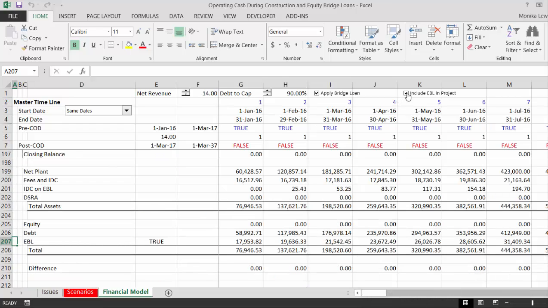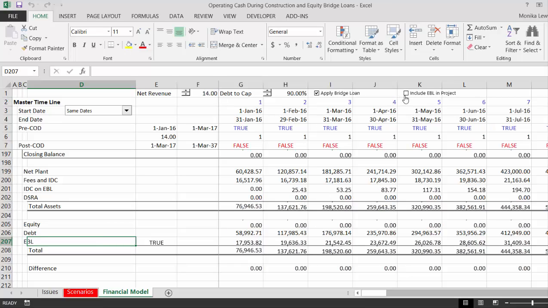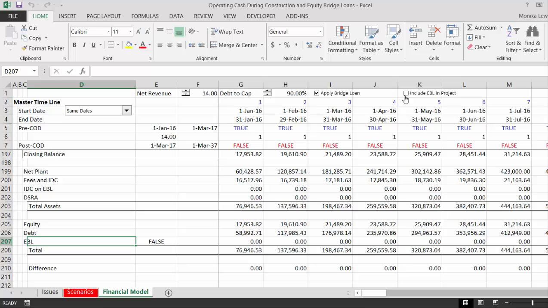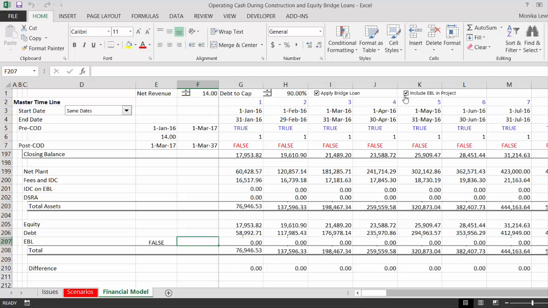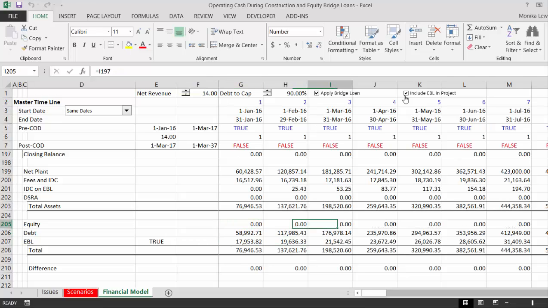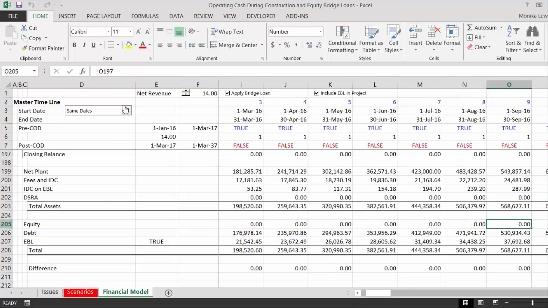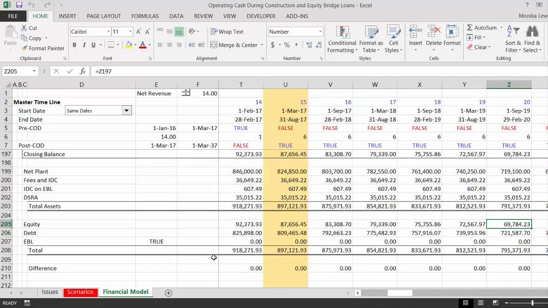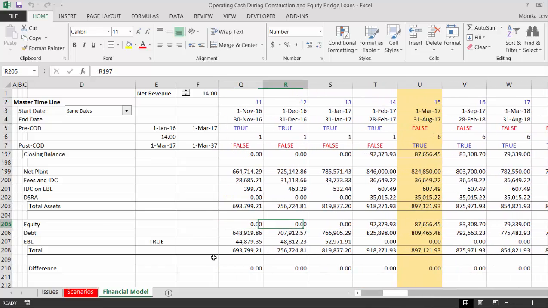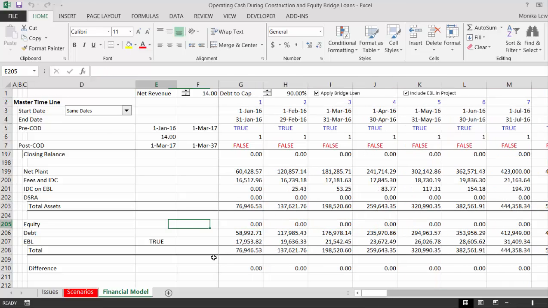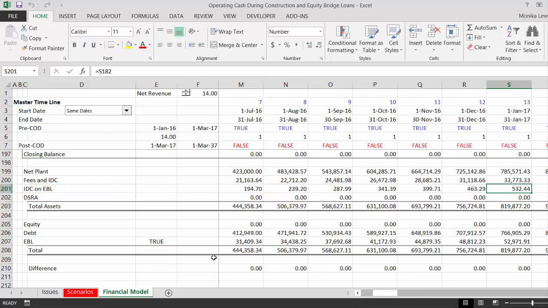Okay, I'm just going to explain how I put the balance sheet together. Let me show the result of this. When you include the EBL as equity bridge loan as part of the project, then you show the loan and there's no equity, at least if I have no pre-operational cash flows, then there's no equity at all in the project until you just issue the equity bridge loan, and you have to include all the capitalized interest.